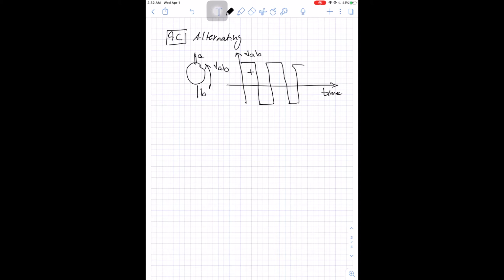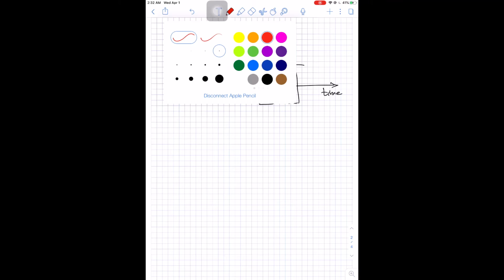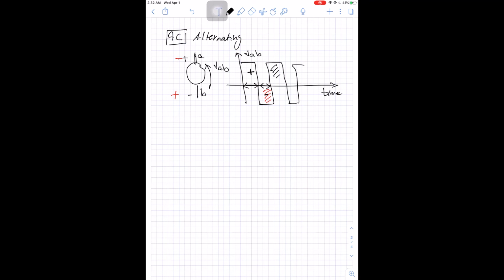So the voltage is positive, so this means you have a positive negative here for a certain amount of time. Then after this time, your voltage will be negative, which means at this time we will have a negative and positive. Then at this time again, we will go back to our positive negative.